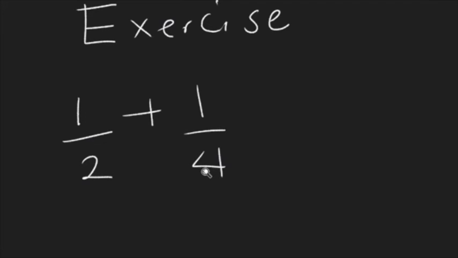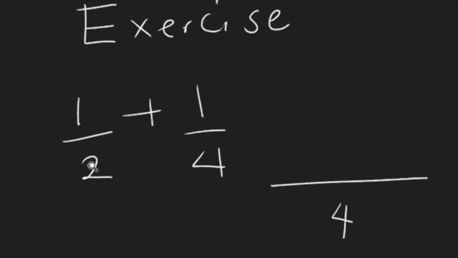And when we look at 2 and 4, we can see that 4 is a common denominator because it's divisible by both 2 and 4.